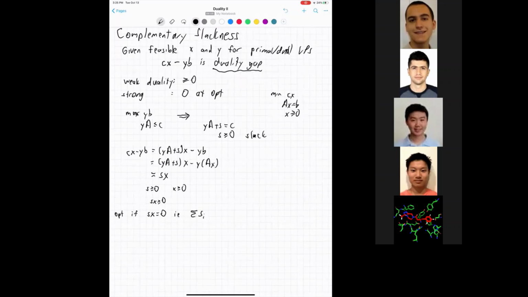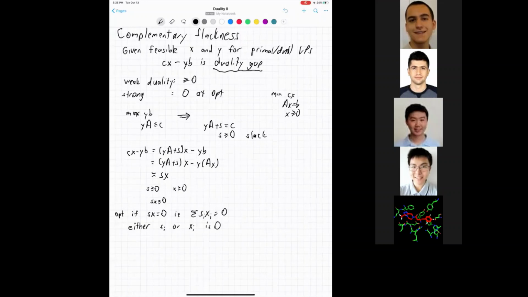Well, there could be no slack at all, all the S's could be zero, but is that the only way to get a zero? Either Si or Xi is zero. And this is an if and only if. If you're at optimum, then either Si or Xi is zero. And conversely, if for every i one of them is zero, then you're at optimum.